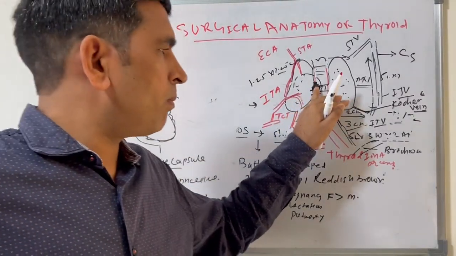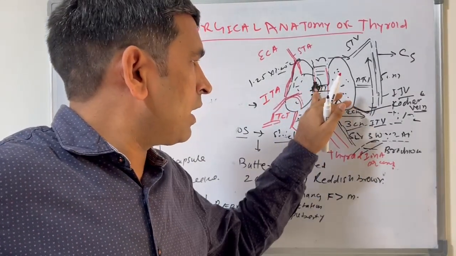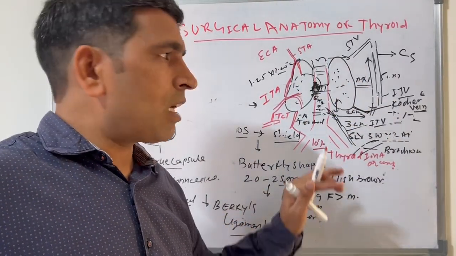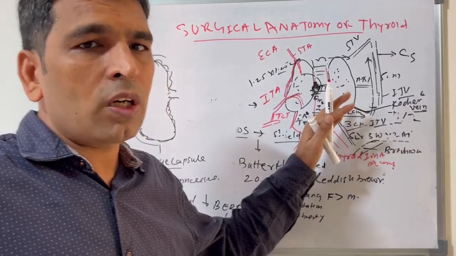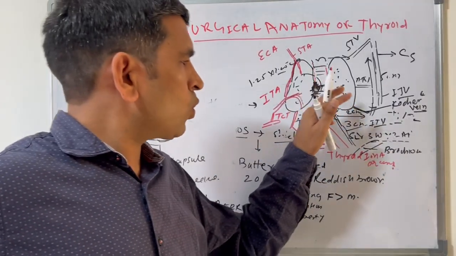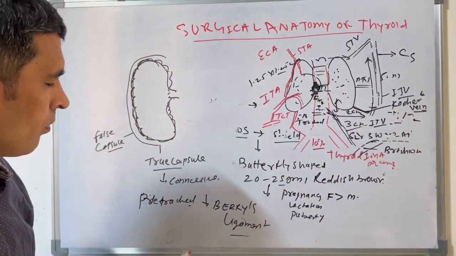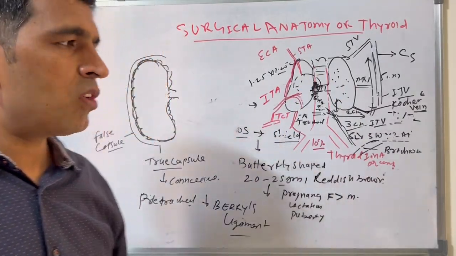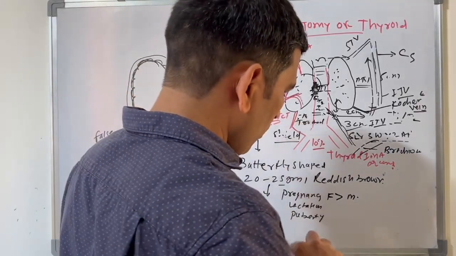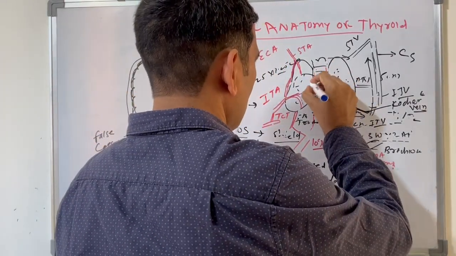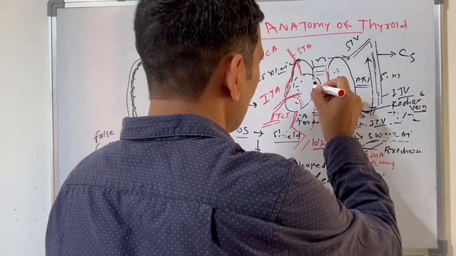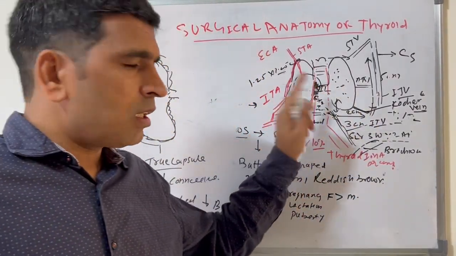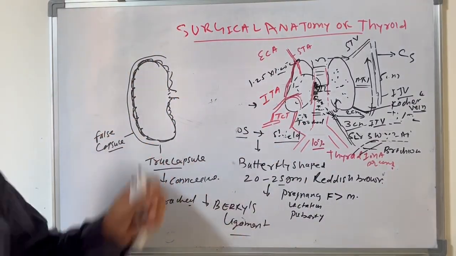So this tight connection between the trachea and thyroid is called Berry's ligament, and it helps during movement of the thyroid gland during deglutition. You have to sharply dissect this Berry's ligament because near this you will face the recurrent laryngeal nerve in the tracheoesophageal groove. So this is the important part.